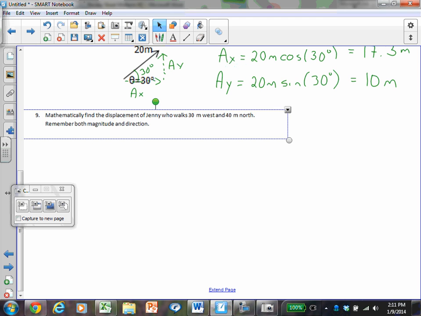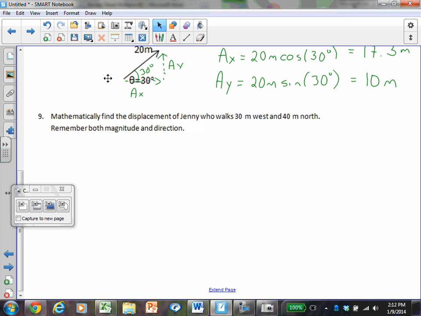So Jenny walks 30 meters west, 40 meters north. Mathematically, we're going to find it. In terms of graphical ways, you do it with a scale, right? 1 centimeter equals 2 meters, something like that, and then you put the vectors and you use a protractor and you do it that way.